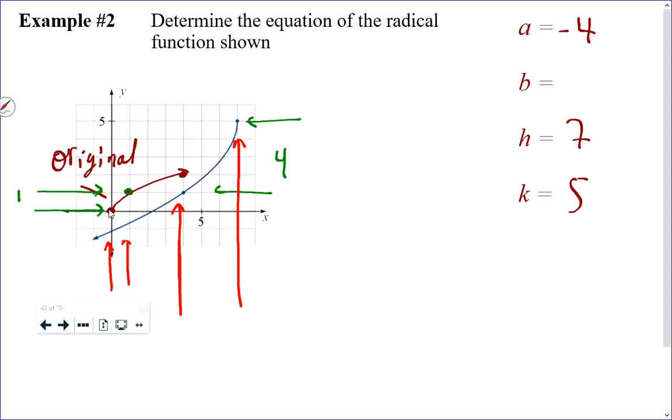That means there's a horizontal stretch by a factor of 3, which means that b has to contain a third. Did you see what I almost did there? I almost put a horizontal stretch by a factor of a third. When I told you you're going to stumble on the b stretch factor thing, we all stumble. Okay. I also can see visually that the original graph, which I have knowledge of, moves to the right, which means the new graph, which moves to the left, has to be arrived at by using a horizontal reflection.